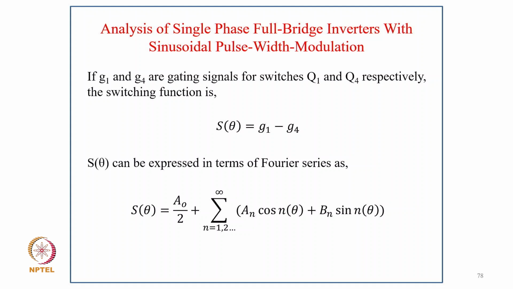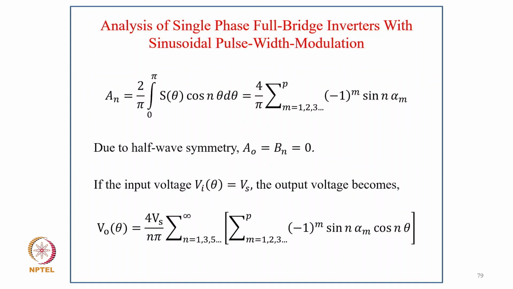S theta equals a0 by 2 plus the sum from n equal to 1 to infinity of (an cos n theta plus bn sin n theta), where an equals 2 upon pi integral from 0 to pi of S theta cos n theta d theta, that is 4 upon n pi times the sum over m equal to 1 to 3p of minus 1 to the power m sin n alpha m, and due to symmetry a0 and bn equal 0.